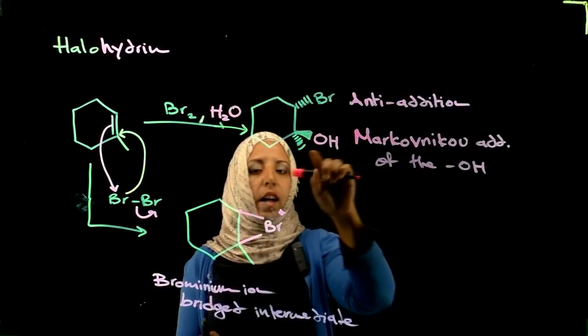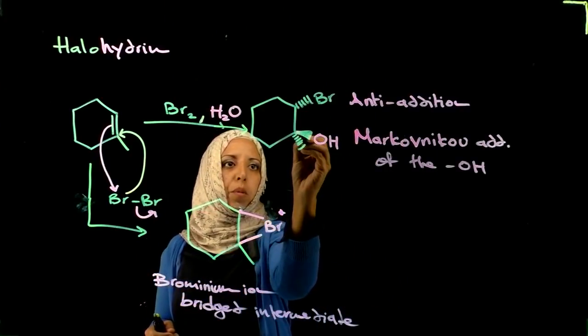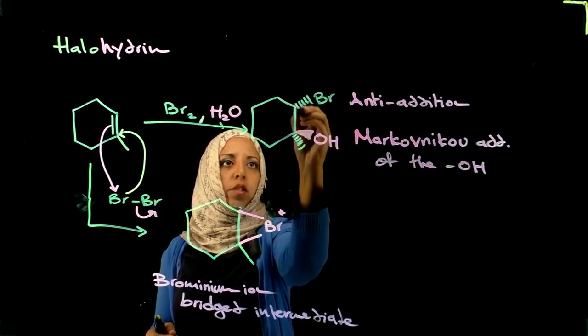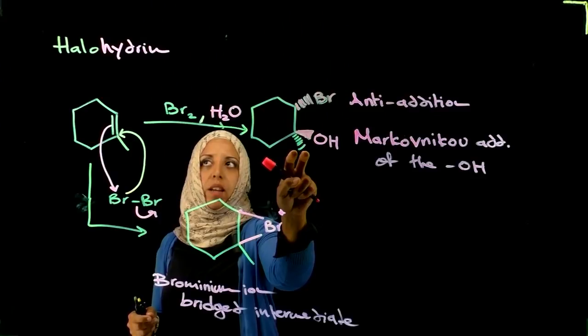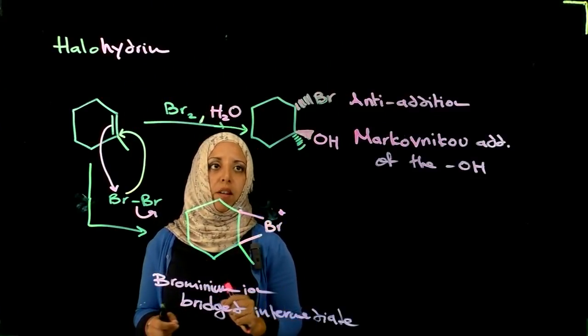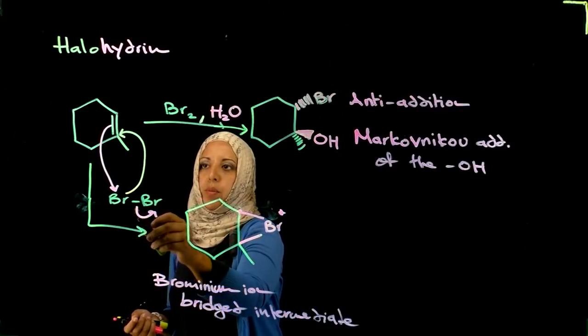The hydroxide adds to the more substituted position of that carbon-carbon double bond, right? So we have the hydroxide and we have the bromine. Remember, if you add a base to a halohydrin, you can form an epoxide. Meanwhile, the very first step is bromine.